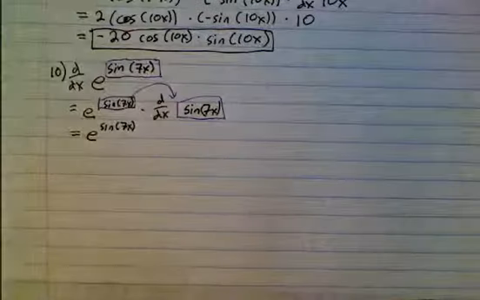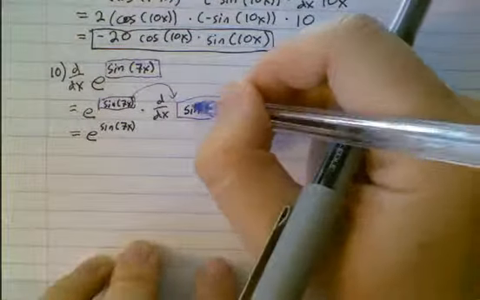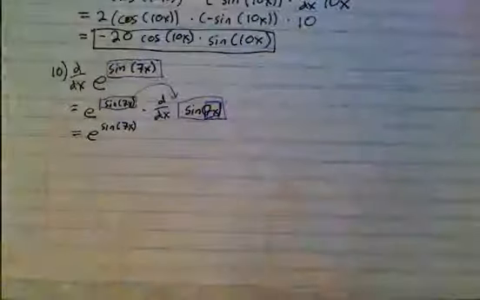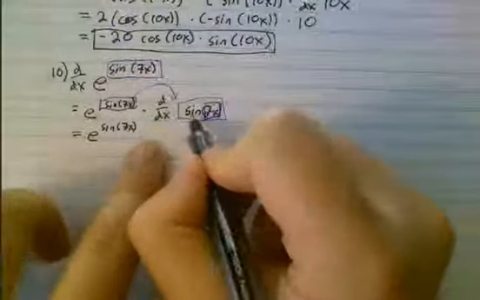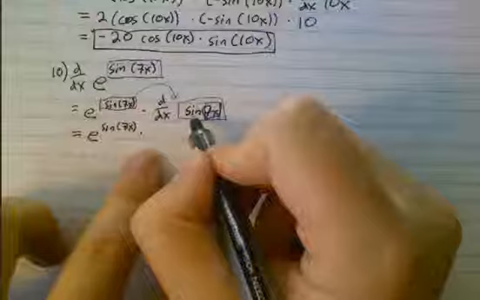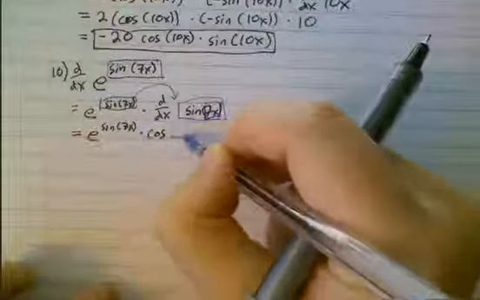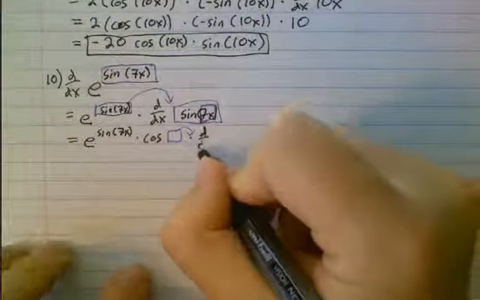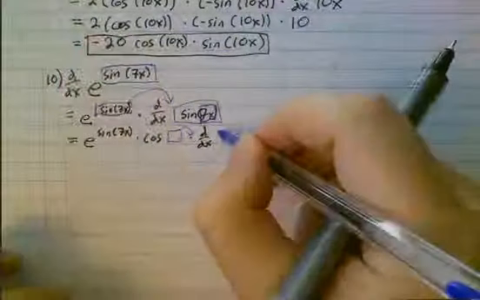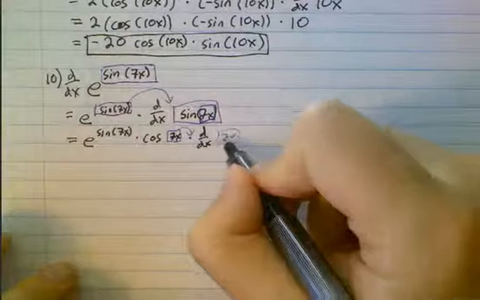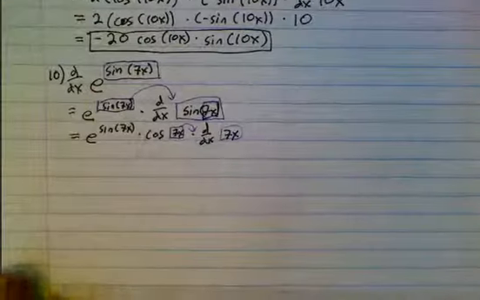And now when I come over here, I can see that here, sine of, there's another box right there. So I'm going to do the derivative of sine, which I know is cosine, but it's cosine of what's in the box times the derivative of the box. So cosine of 7x times the derivative of 7x.